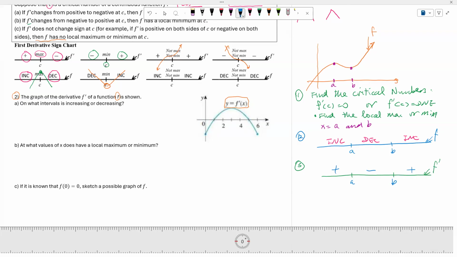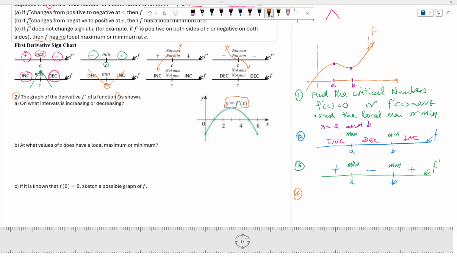So we have something like this. This is my maximum here and this is my minimum here, so we could indicate that on the sign chart of f prime.